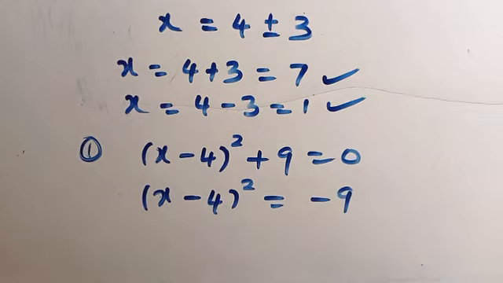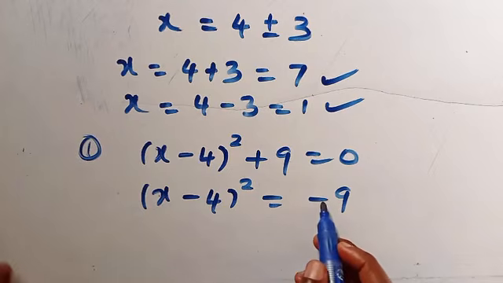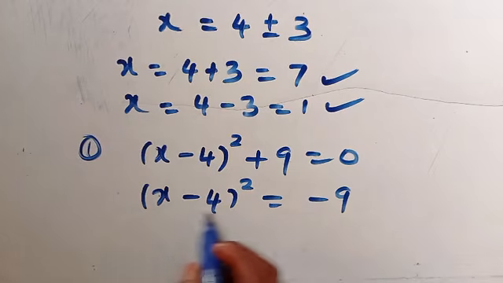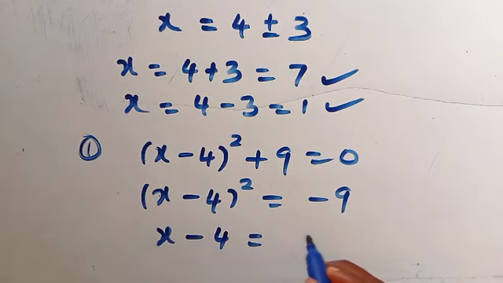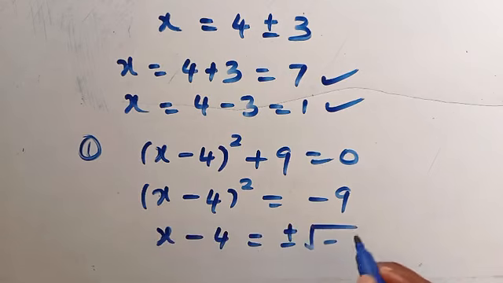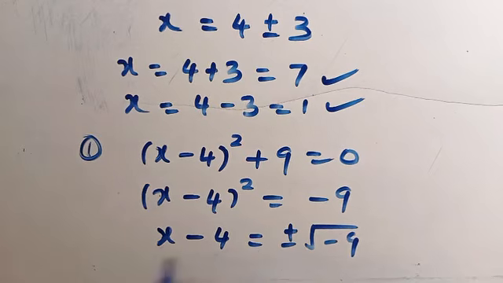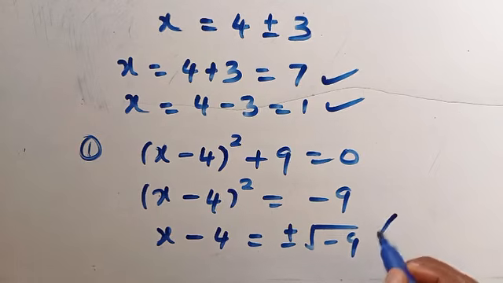And with this one, we have negative here. When we take the square root of both sides, we have x minus 4 equals plus or minus square root of minus 9. But here is a complex root, and the x here is a member of real numbers. Therefore, we are going to reject this second case.